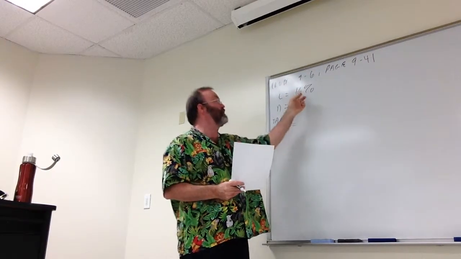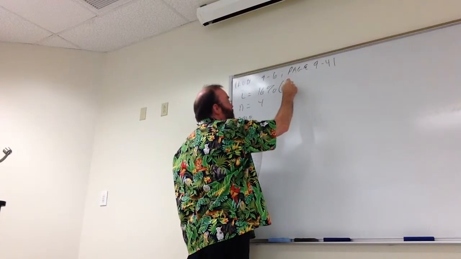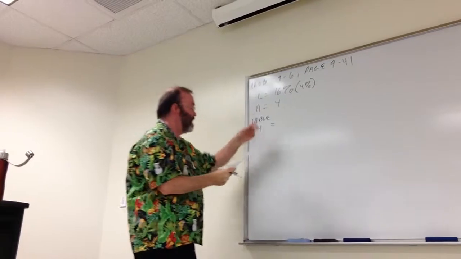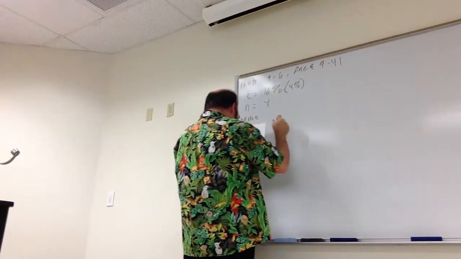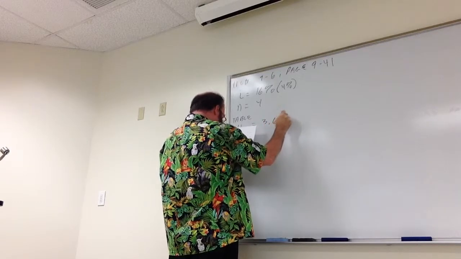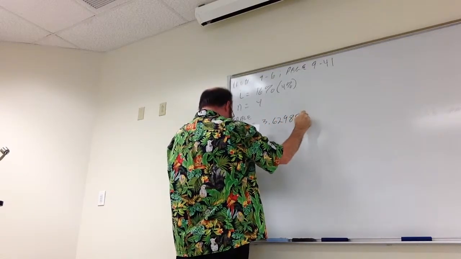This is the annual rate, so really we want to look up 4%. If you look up column 4% down to row 4, you should find a present value factor of 3.629895.